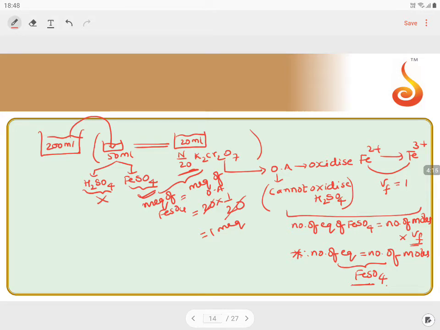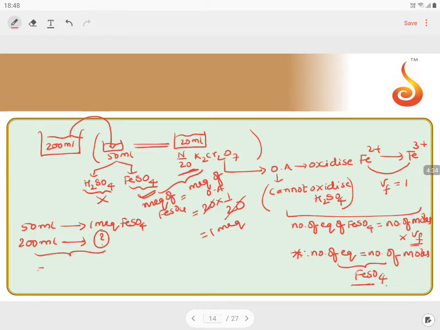Now this 50 ml solution contains 1 milliequivalent of FeSO4. Then how many milliequivalents of FeSO4 would the 200 ml solution have?